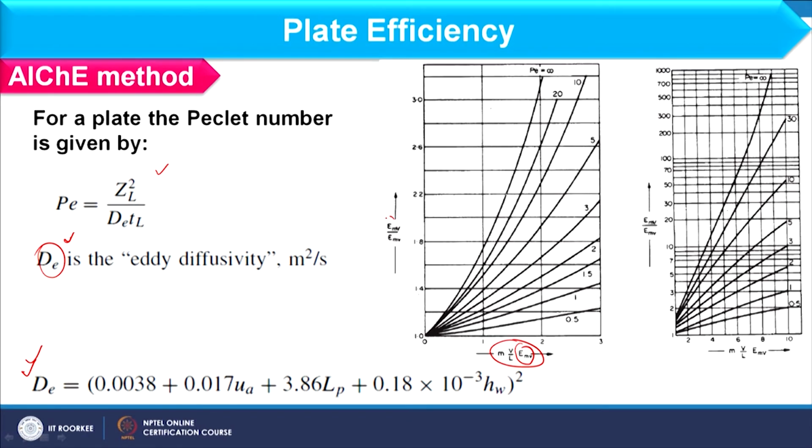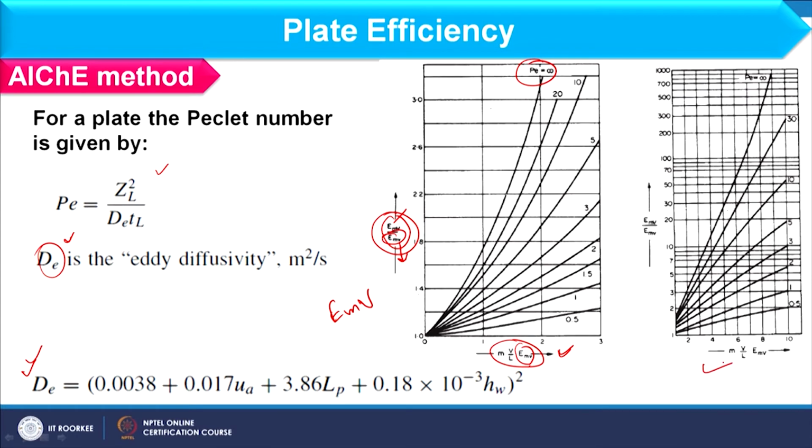So, this is the plate efficiency, this is the point efficiency which you have already calculated. Depending upon the Peclet number and this value, you can find out the ratio of EMV by EMV small, and this value you already know. So, you can calculate the EMV value, that is basically the plate efficiency.